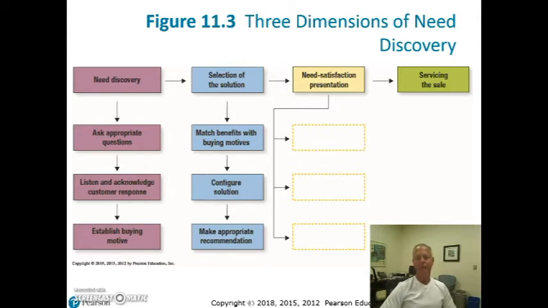So figure 11.3 talks about the dimensions of needs discovery and how important that is. Again, in this particular chapter, we're still on the needs discovery, the SPIN selling technique, and trying to uncover needs in order to fit a solution to those customers' needs.